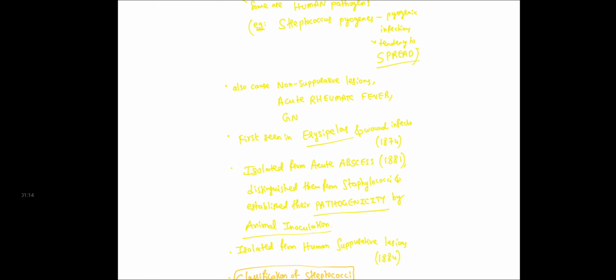Streptococci also cause non-suppurative lesions: acute rheumatic fever and glomerulonephritis. Streptococci were first seen in erysipelas and wound infection in 1874, and isolated from an acute abscess in 1881, distinguished from the staphylococci, and their pathogenicity established by animal inoculation. They were isolated from human suppurative lesions in 1884.